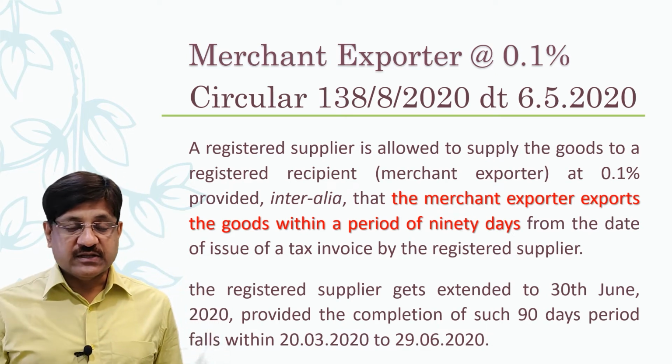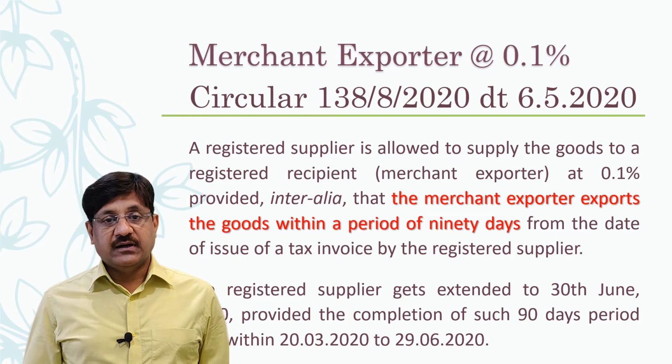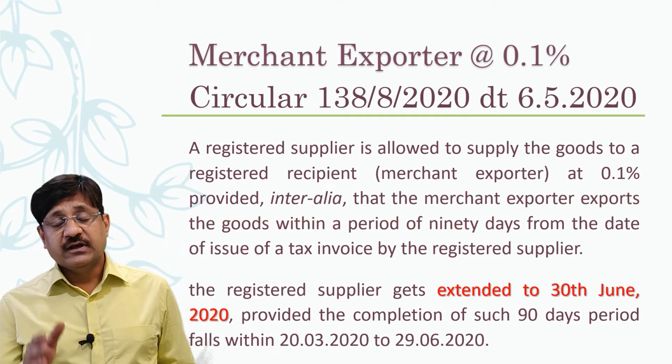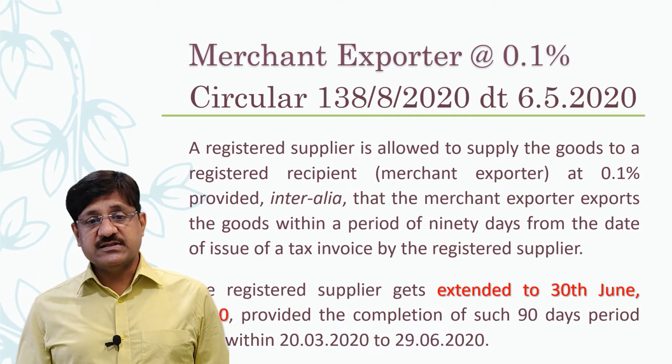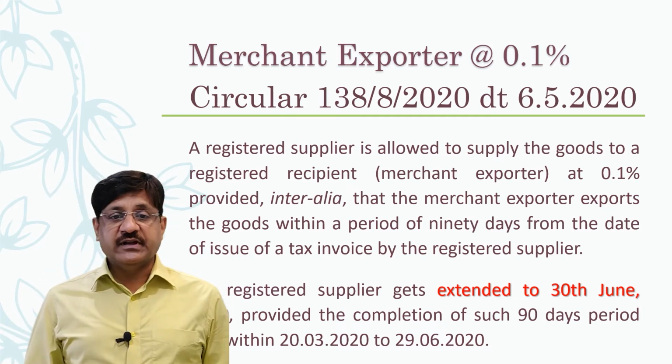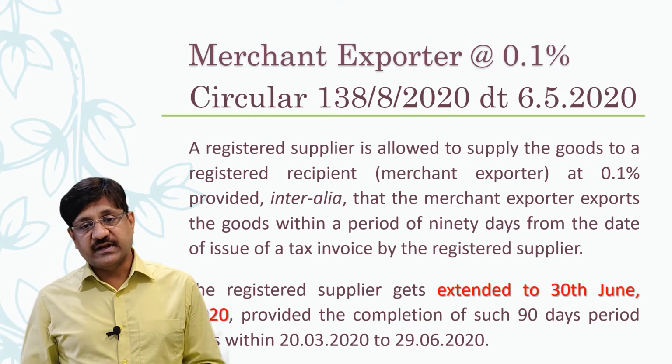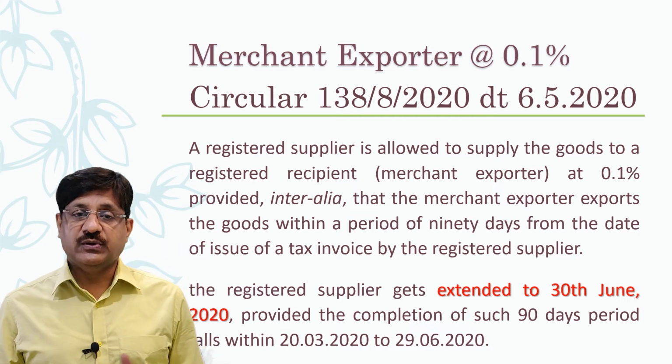So it is now clarified by the circular 138 by 8 2020 that if this 90 days is falling between 20th of March 2020 to 29th June 2020, then it will be considered as extended to 30th June 2020.